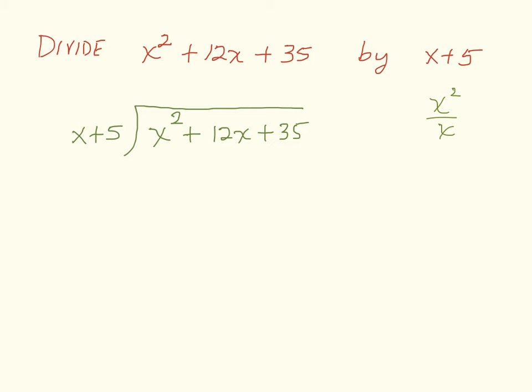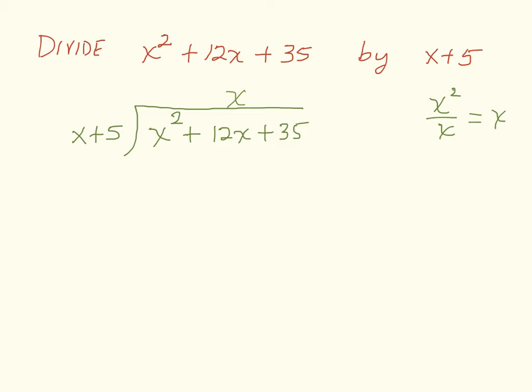All right, I'm dividing x into x squared. That gives me an x. So watch what I do. I'm saying this x goes into this x squared how many times? Well, it sounds goofy, but we say x times. Notice where I'm putting it, over the x terms in my dividend.